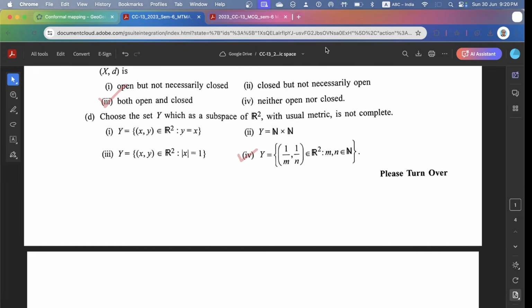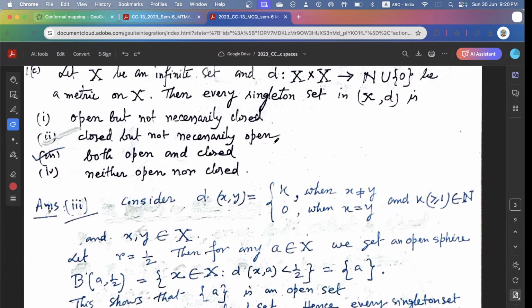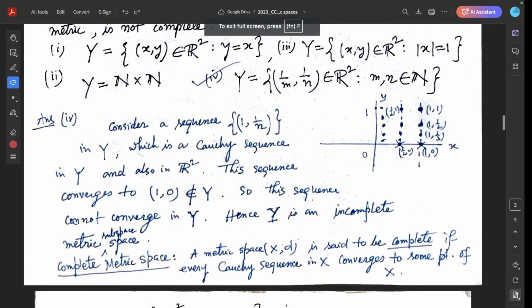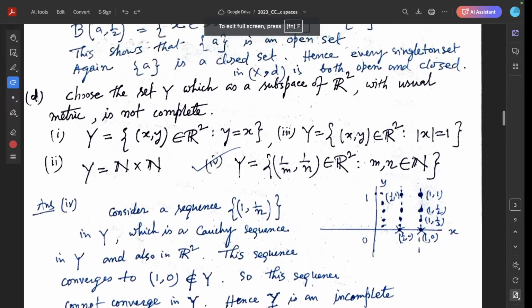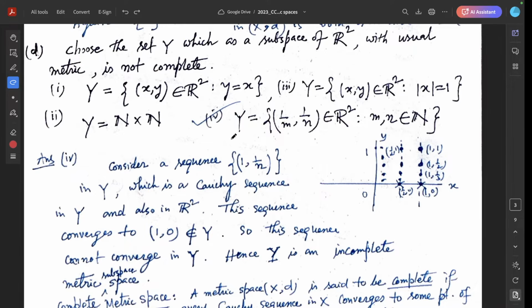Here, in this subspace, first pick m equal to 1, then n runs over the naturals. So we get (1, 1), (1, 1/2), (1, 1/3), and so on.